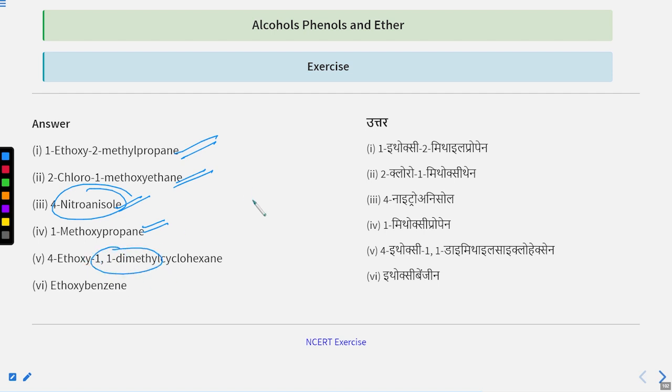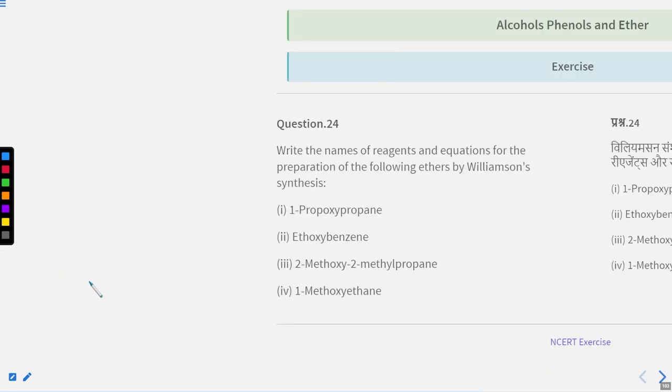Okay, so this we have done wrong. So it was like this. So this one is given first priority, second, third, and fourth. At fourth position, we have ethoxy. Okay, at fourth position, they have ethoxy. Then we have given this, right? Next is ethoxybenzene.